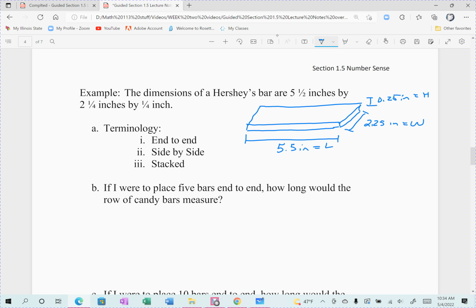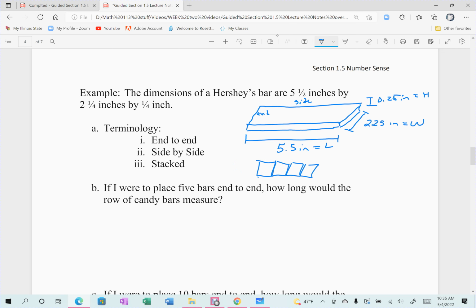Right, terminology: end to end, side to side. End to end would mean I'm placing it so the long side is left open, and you're placing the short side. This would be the end, and this would be the side. So end to end would be placing it lengthwise. Side to side would be placing it along its longer side.